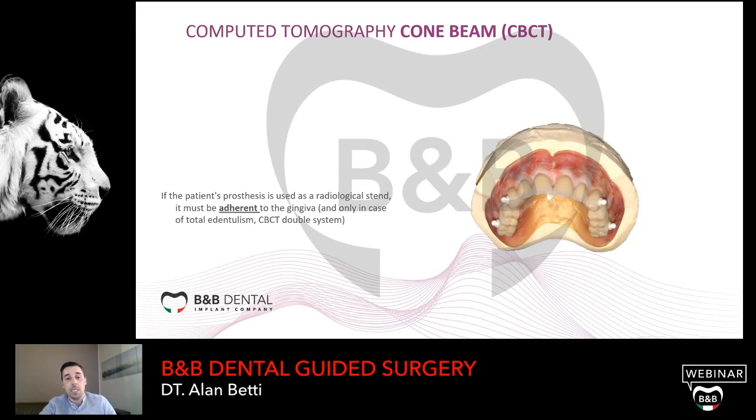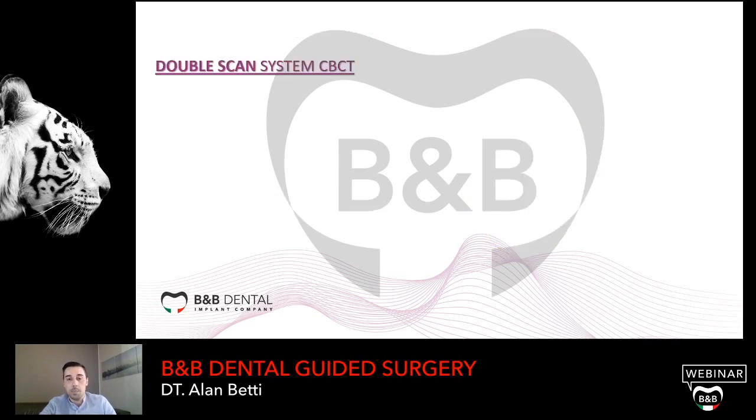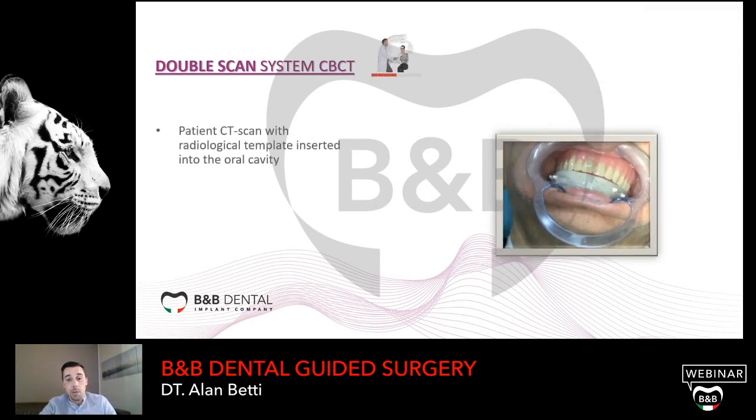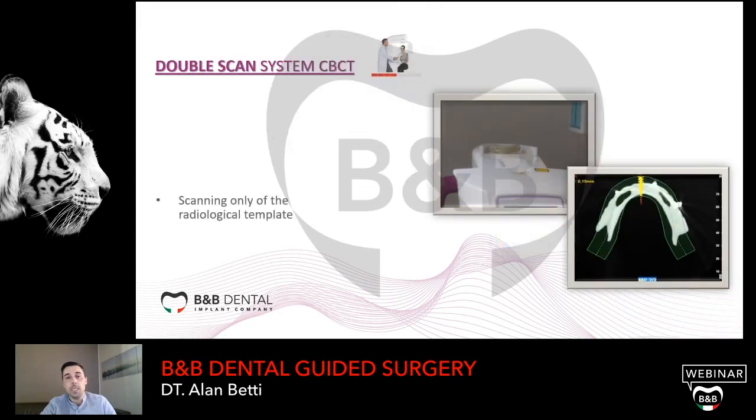If the patient doesn't have any teeth in his mouth, you can perform the double CBCT system. Double CBCT system is a double acquisition. The first one is the CBCT on the patient with the radiological template in his mouth in a proper position, and the second acquisition is just the radiological template.